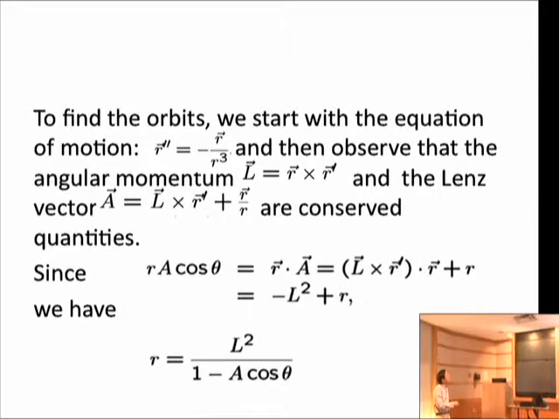But what's amazing about this central inverse square law is you have an additional conserved quantity, namely this vector A, L cross product with linear momentum, but mass is 1, so it becomes velocity, plus the unit vector of the position vector r. So r is the position vector, and this scalar r is the length of the position vector.